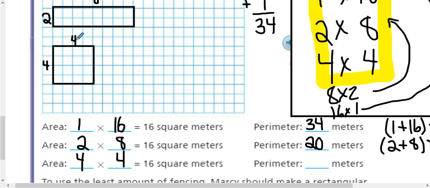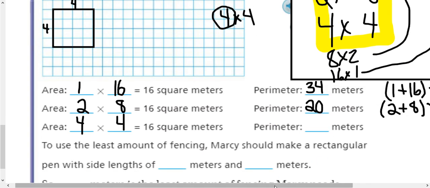Some of you may see here that if this is a square, we could do 4 times 4. All right, this 4 here would be what one of the lengths of the side is, and the other 4 would be the fact that there's 4 sides on this square.